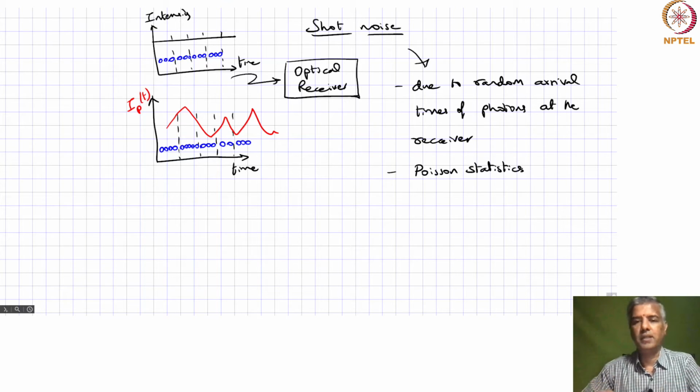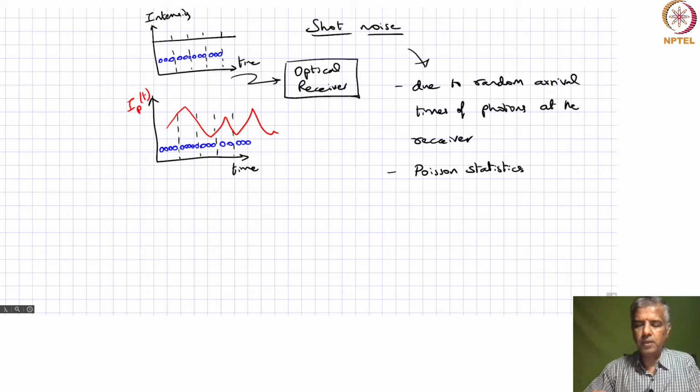So you'd have wide fluctuations in the number of photons coming in, and that fluctuation is more when you have more mean number of photons. That's what we're characterizing as shot noise.